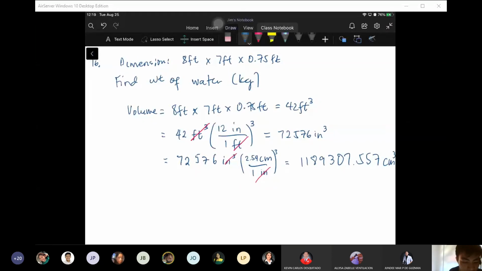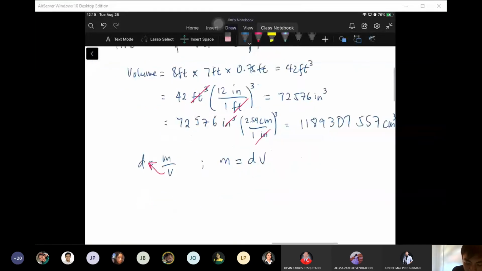Okay, we're going to look for the weight of the water, the mass. Okay, so using density formula, d is equals to m over v. If you're solving for mass, we can rewrite that as mass equals density times volume. What we did is we just cross multiplied the equation. The density of water is said to be 1 gram per cm cube times the volume, 1,189,307.557 cm cube.